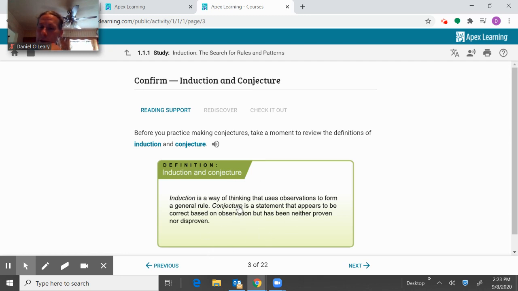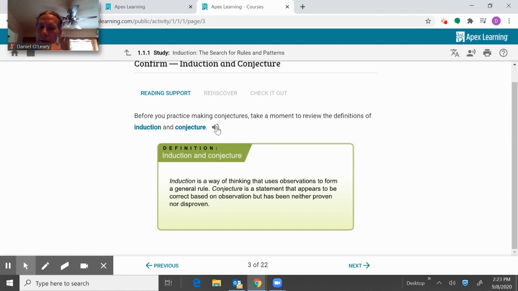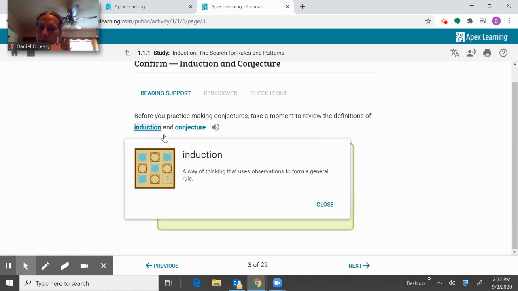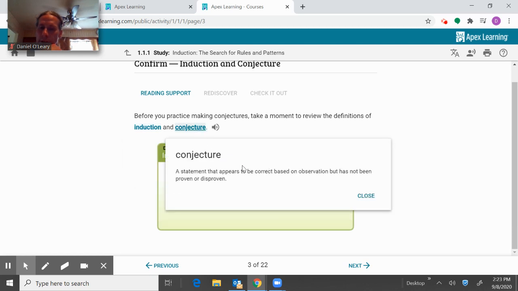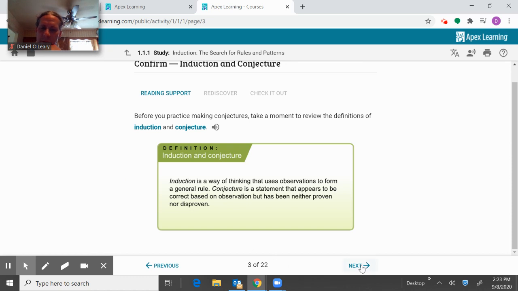It shows you the definitions again. Notice it doesn't read it to you anymore, I guess because it already read it, but you could have heard that on a previous page.